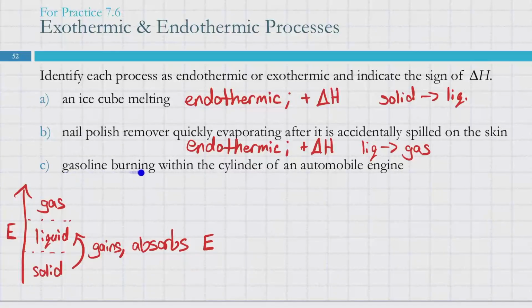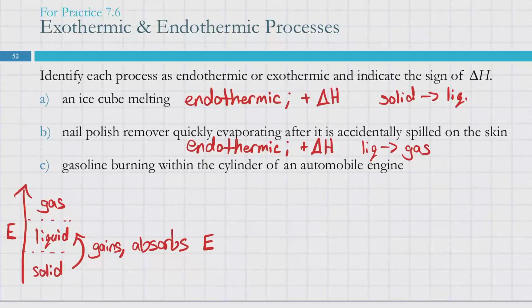What about gasoline burning within the cylinder of an internal combustion automobile engine? Is gas burning endothermic or exothermic? Does it absorb heat? Does it release heat? Does your engine get hot or does it get cold?